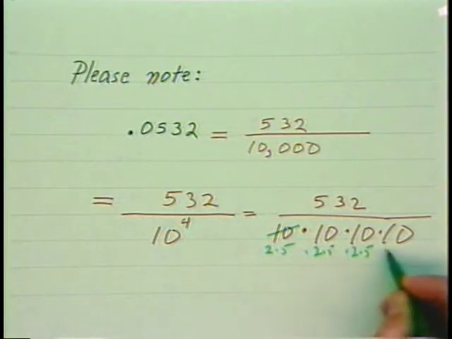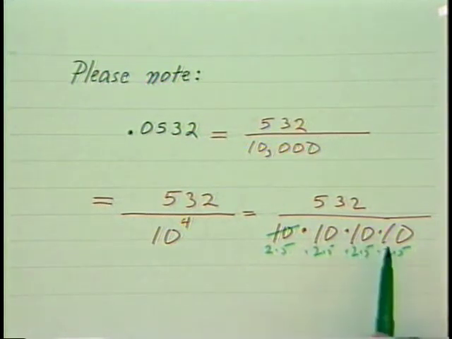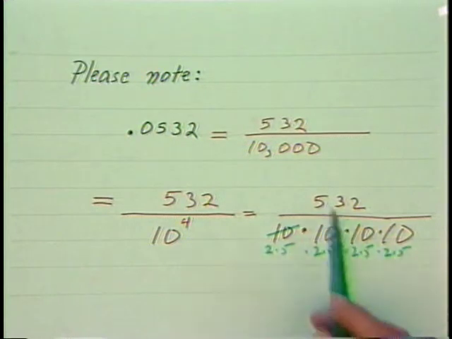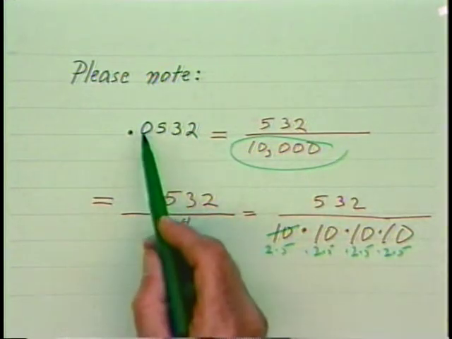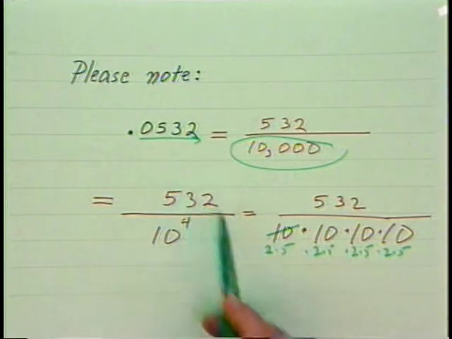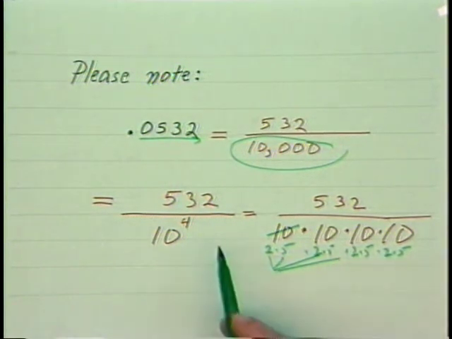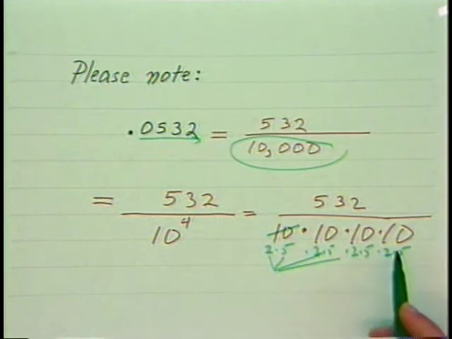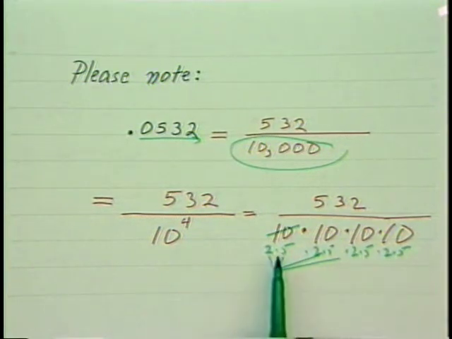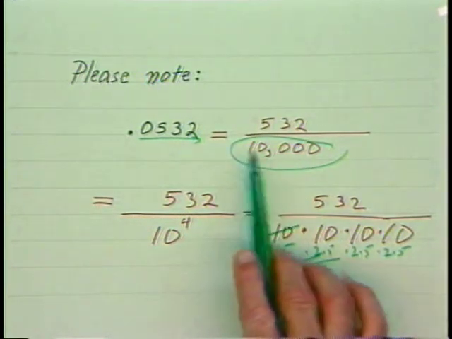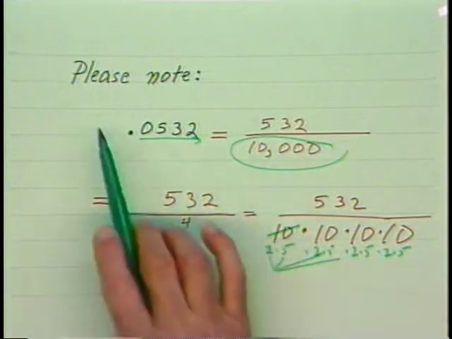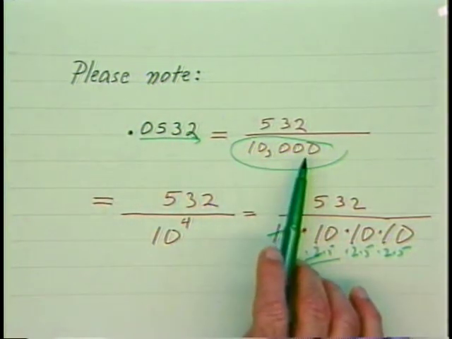So the point we're trying to make is the obvious one, that the only prime numbers that will divide the denominators derived from a decimal number are 2's and 5's. Maybe lots of 2's and lots of 5's, but only 2's and 5's. No other number will divide a decimal denominator.